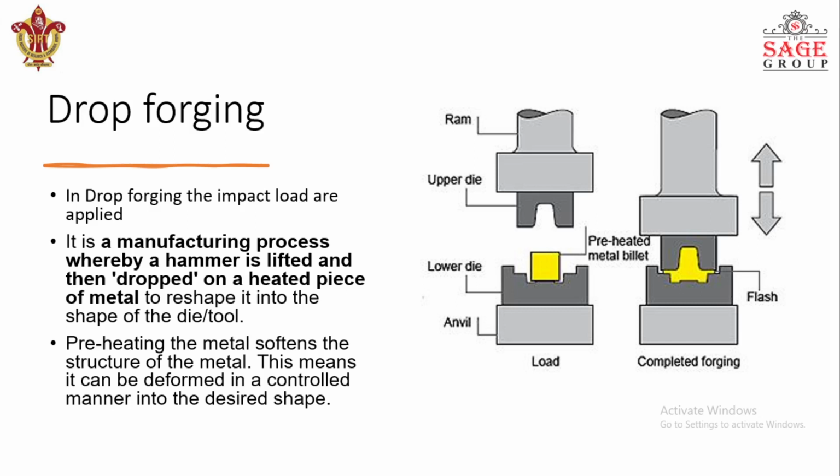Whenever we need a complex shape, we need to increase the temperature so that it will be softer than before, and then we can achieve the complex or near net shape product. Okay, so this was regarding the Smith forging and drop forging.